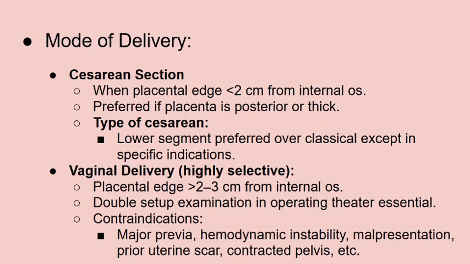So when you want to deliver, what are your modes of delivery? Majority of cases of placenta previa are delivered via cesarean section, and it's usually indicated if the placenta edge, if you can calculate it, is less than 2 cm from the internal os.